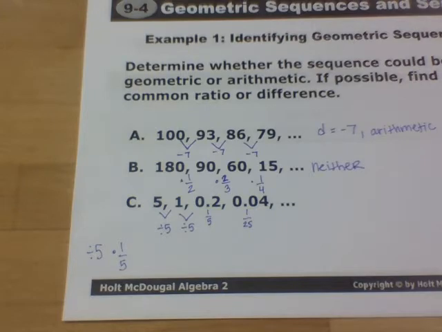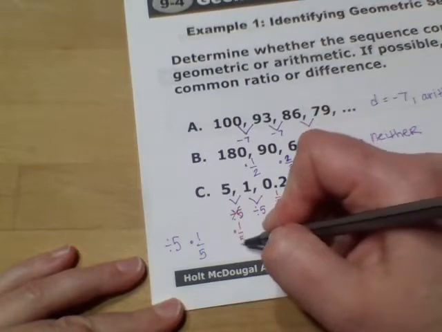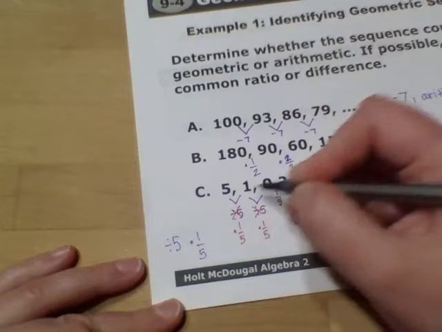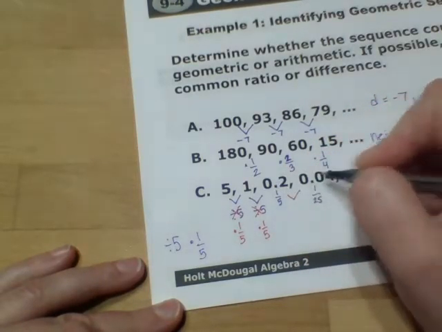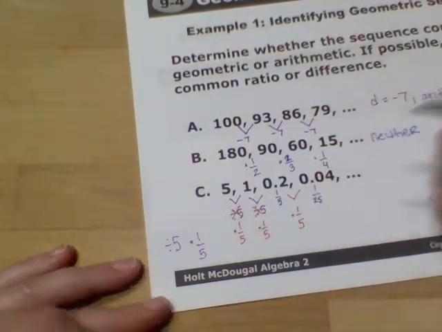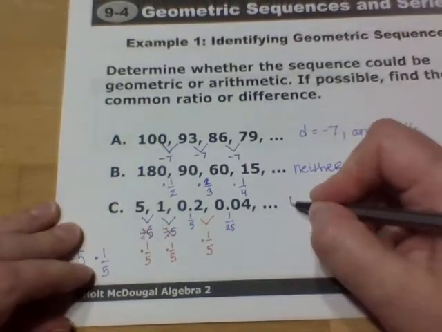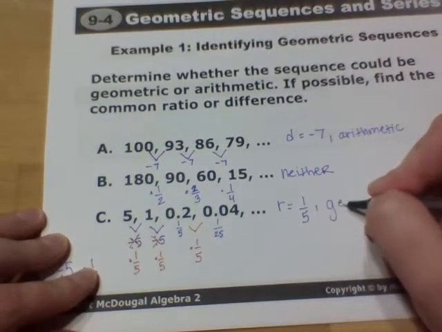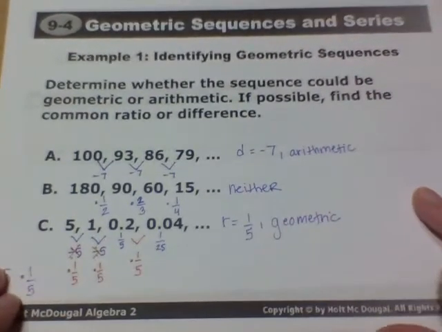So in that case, I'm going to instead say that I multiply by a fifth to get from 5 to 1, and then multiply by a fifth to get from 1 to 0.2, and then from 0.2 to 0.04, we also multiply by a fifth, rather than dividing. So that means that our common ratio, r, is going to be 1/5, and we're going to call it geometric because we are multiplying. All right.